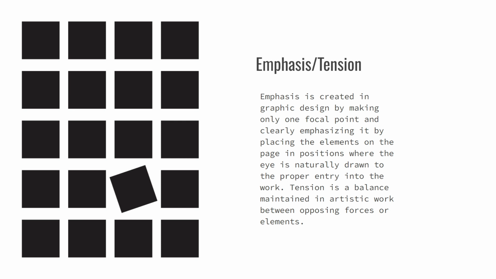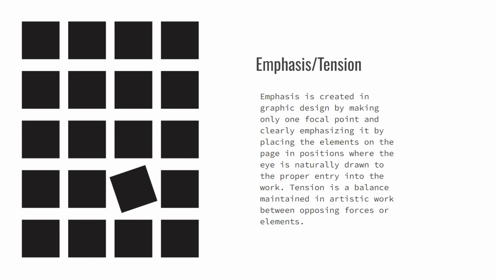So where contrast is a unique element among elements, think of the coffee beans and the green candy, emphasis is amongst elements that are the same, creating a focal point by adjusting an element, right? So if you have many of the same thing, you can create emphasis by changing its position, changing its rotation, changing its size, stuff like that.